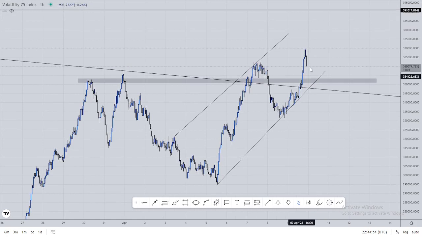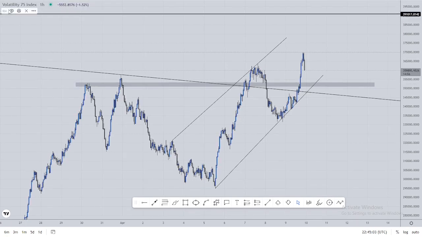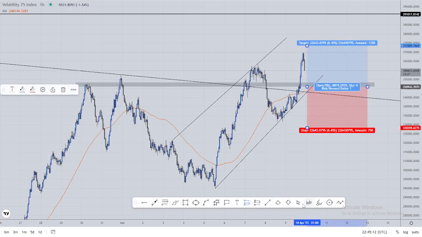Once we touch, remember that's when we're going to get our entry. Once we have our entry, we are simply riding all the way up. Even if you put the moving average, it has to be below, which is actually a sign for buys. So right now, volatility 75, I'm expecting to buy.